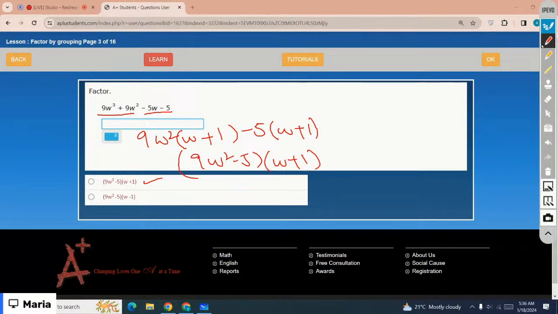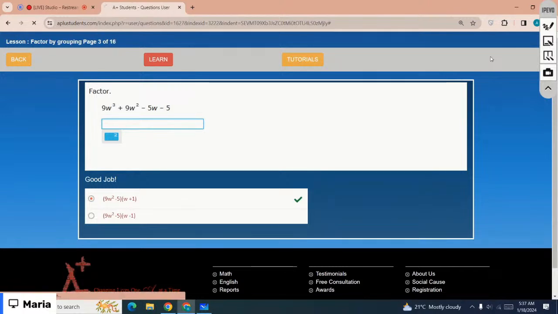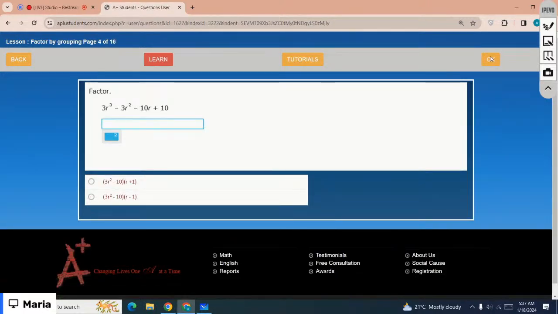Option number 1 is the correct option. The next one is factor 3r cubed minus 3r squared minus 10r plus 10. Which is the correct option?